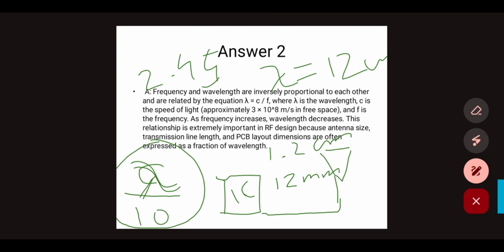And again, there is another thing here. It says antenna size. I will be explaining monopole antenna in different slides. Basically, for a monopole antenna, the length of the conductor is lambda by 4. That means if I want to design an antenna for 2.45 gigahertz, like my Wi-Fi or Bluetooth application, we have just seen its wavelength is 12 centimeter.